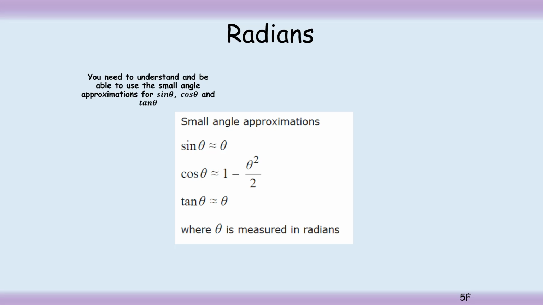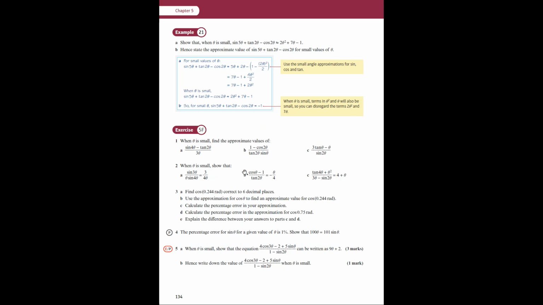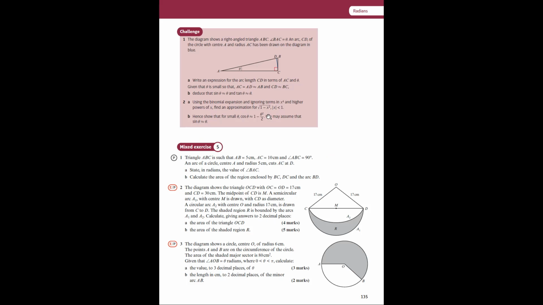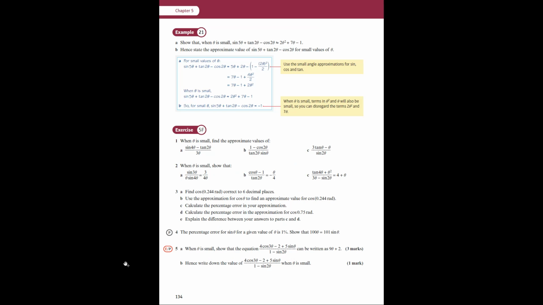You've already got notes for those, so I don't think you need to make additional notes. Okay, so we're working on exercise 5F, page 134. You've got 5 questions, and I know you'll feel challenged. A challenge question to finish it off. Okay, good. Good luck.